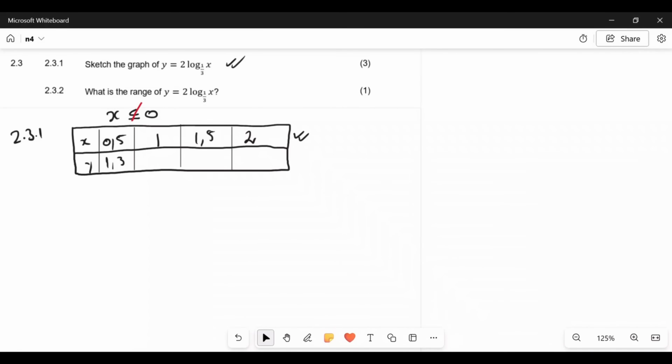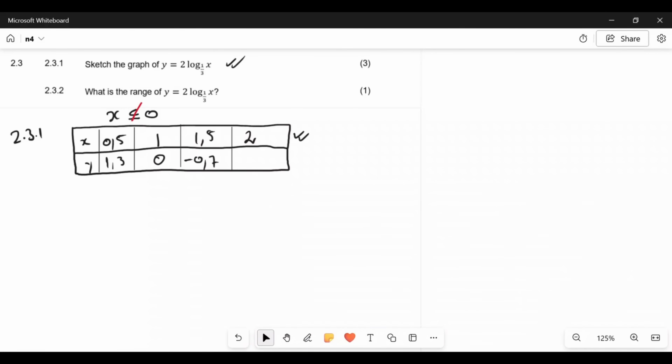Right. Now, let's move to the next point. When x is actually 1, what is our y there? This is going to give us 0. There we go. Now, when x is actually 1,5, what is our y there? I'm actually getting negative 0,7. There we go.